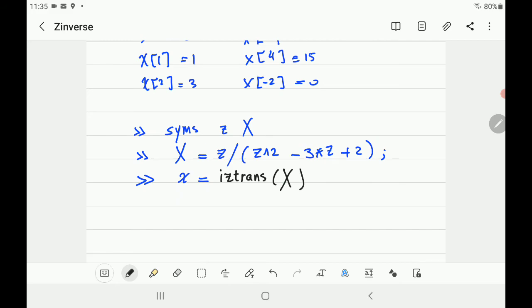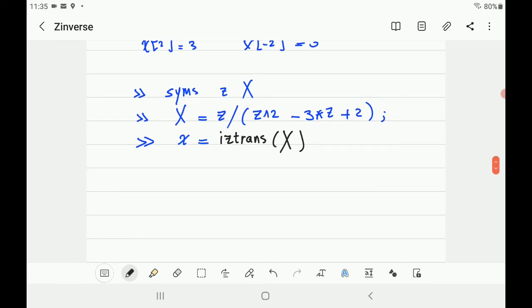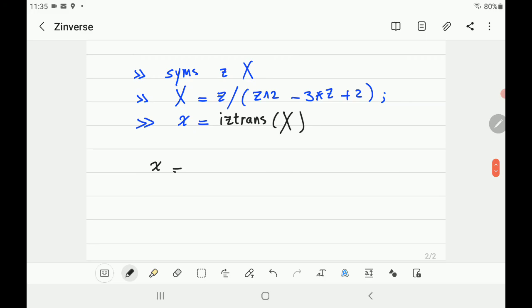You'll find you get the same result. All right? You will get the closed form. The result, if you did, you will get this x equal to, in MATLAB, 2 to the power of n minus 1.